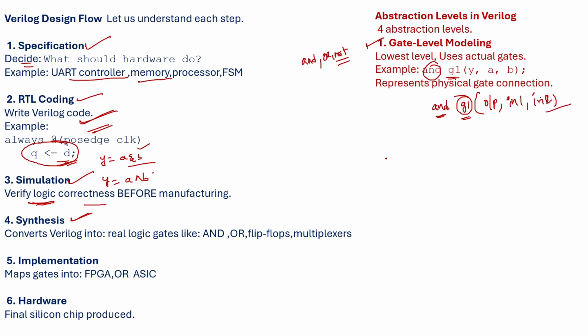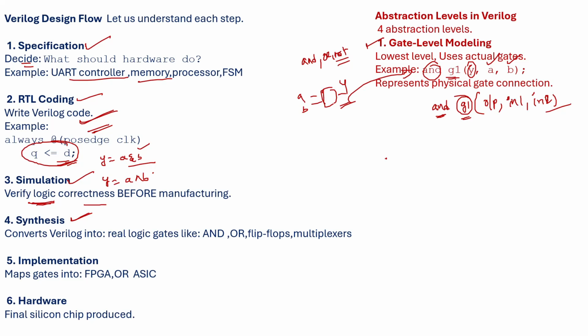Suppose this is my AND gate with two inputs A, B and output Y. So output Y comma input A comma input B. This is the physical representation of the physical connection of your AND gate, and the code tells you the functionality of the AND gate. That is gate level modeling.